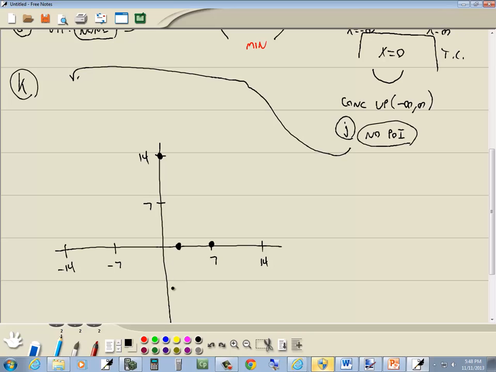So 4.5, let's see, about right there, and then about right, I don't know, let's say right there. That's going to be my min. Okay, our concavity is concave up everywhere, so based upon that, here's my graph, coming down like this, reaches there, comes back up, and that's probably as good as I'm going to be able to freehand it.